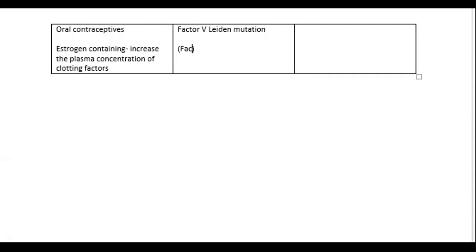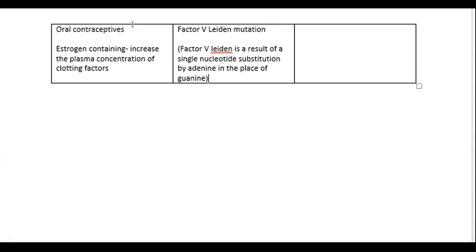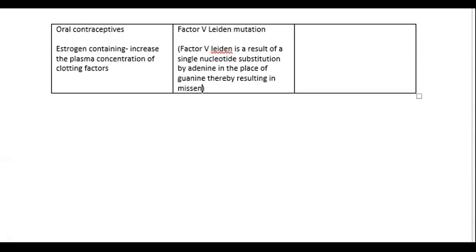What is this? This factor 5 Leiden is a result of a single nucleotide substitution by adenine in the place of guanine, and thereby this results in a missense mutation.